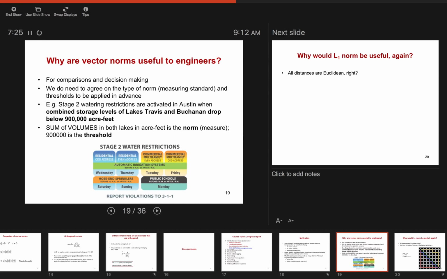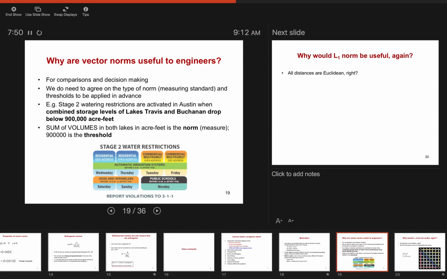Basically, I will take both lakes, sum up their volumes in acre feet, and figure out the norm of it, or a threshold. So if my sum is larger than or smaller than, do something. Okay? So if I drop below 900,000 acre feet, I will set up an alert.